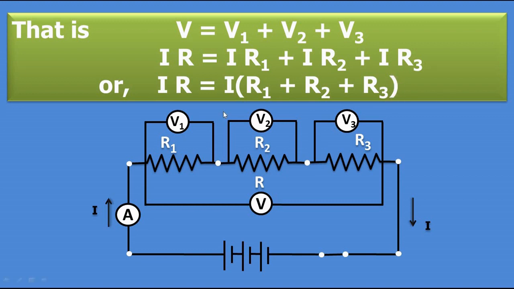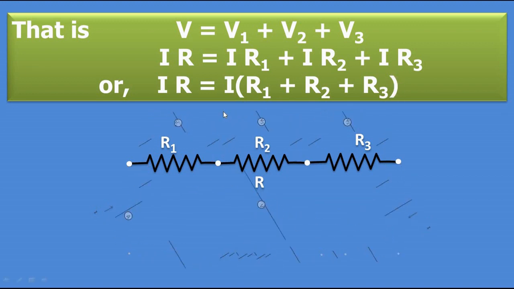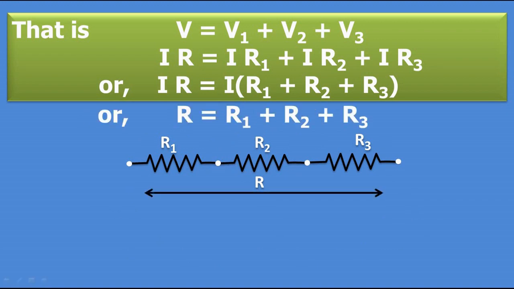I is a common factor and we can strike it out. Or R equal to R1 plus R2 plus R3, where R is the equivalent resistance of the combination and R1, R2, R3 are the individual resistances.